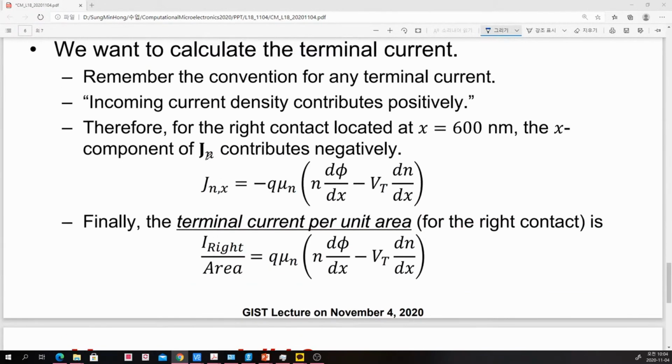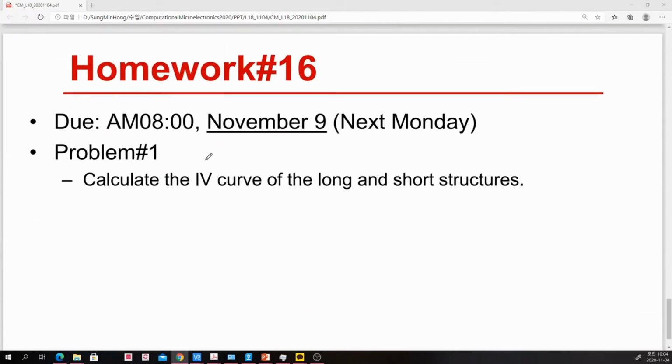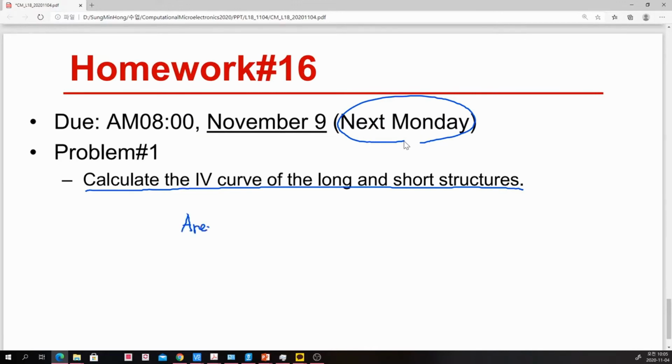Then I hope that you can easily expand it to more general cases like two-dimensional systems. Okay, then let's finish our lecture with the homework announcement. Of course, it is due next Monday. You have 5 days, and simply calculate the IV curve of long and short structures. Apply the bias voltage to your right contact, and we have to specify the area.